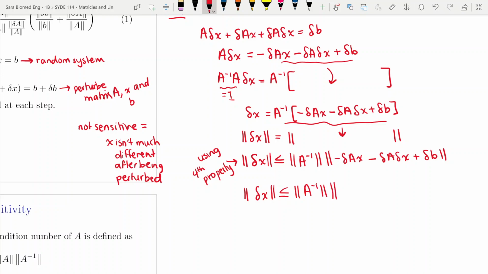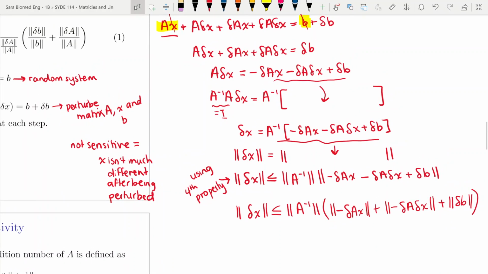So it's going to be the norm of negative delta A x, plus the norm of negative delta A delta x, plus the norm of delta b. Okay? So we change from norm of sum to sum of norm. And this inequality holds.